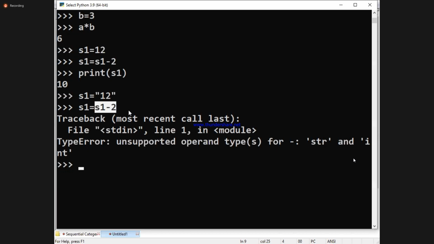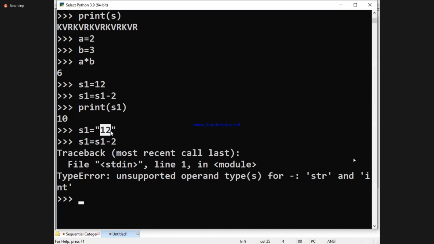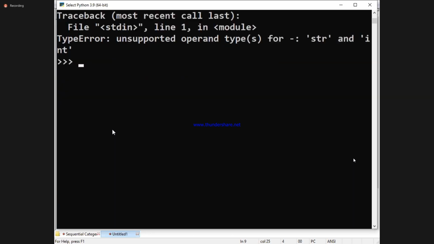Shall I move forward? So in all these occasions, the numerical string is to be converted into a numerical value to do the numerical operations. That's why we go for the int function. First of all, are you catching me? So come to the point. S is equal to "12" within the double quotes. Now convert into int type. A is equal to int of S. So A is got.